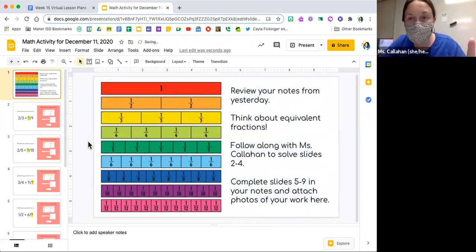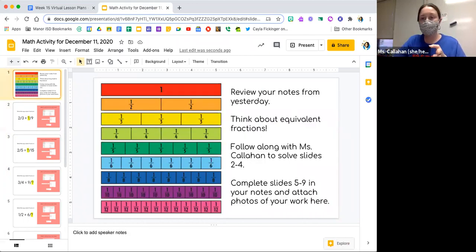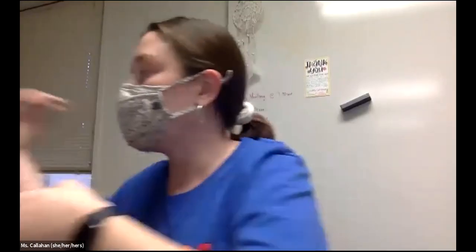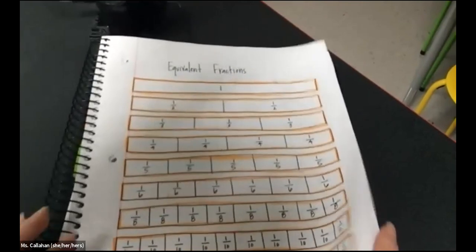Okay, so don't forget, you need to be taking notes as I'm writing this because I'm going to be looking for pictures on each and every one of these slides, okay? I'm not gonna take pictures on slides 2, 3, and 4. You are, okay? So what I would like for you to do now is I want you to open your journal up onto a fresh, clean page, okay?